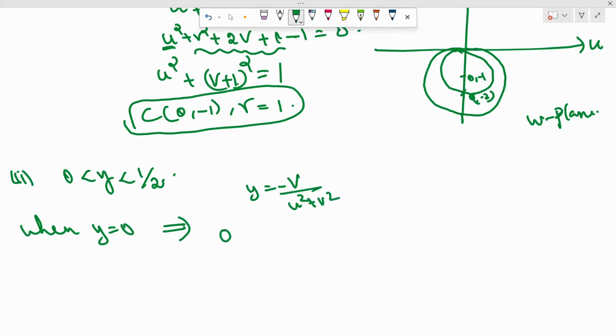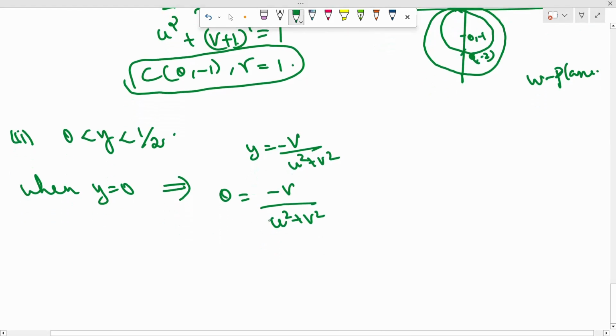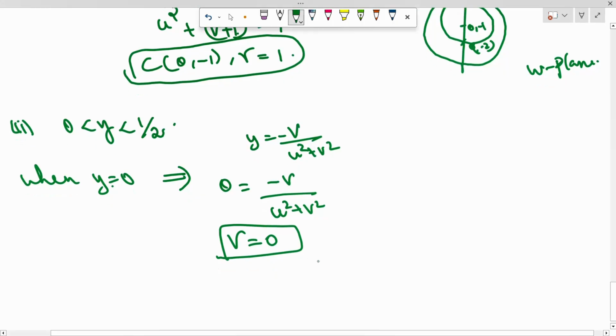Substituting y is equal to 0, we get 0 equal to minus v by u square plus v square. Taking cross multiplication, the denominator value goes to the left hand side, it will be 0. We can write v is equal to 0. When y is equal to 0, we are getting v is equal to 0.